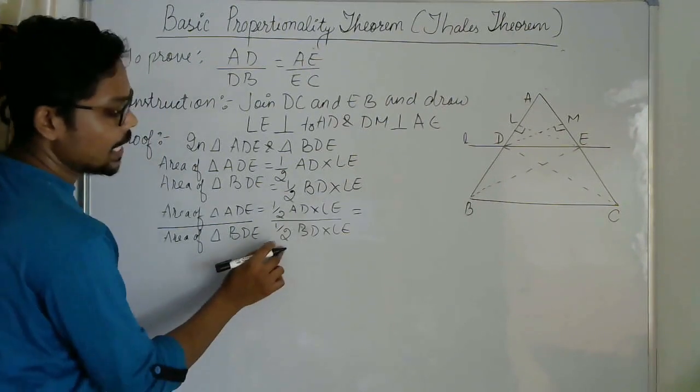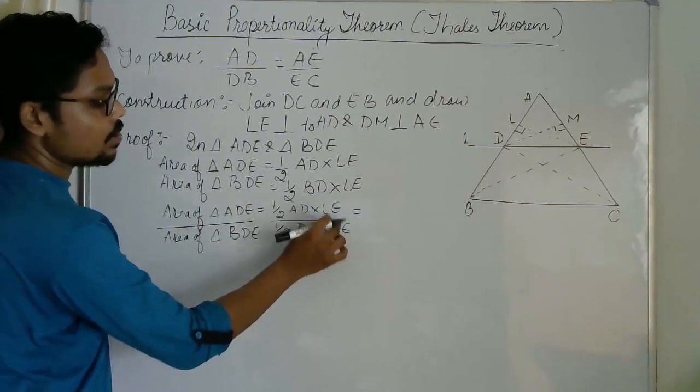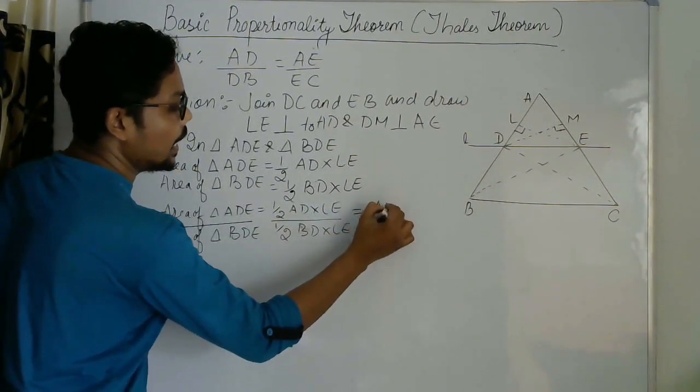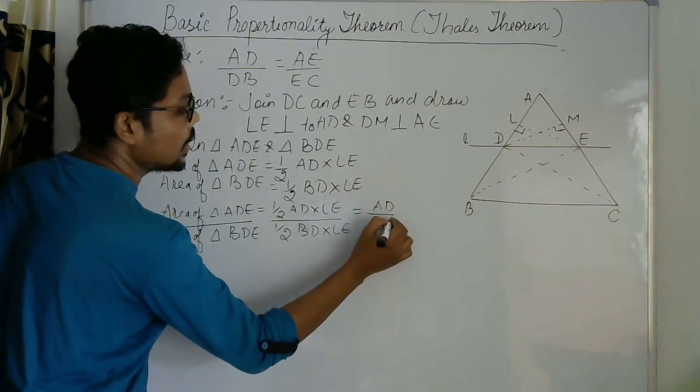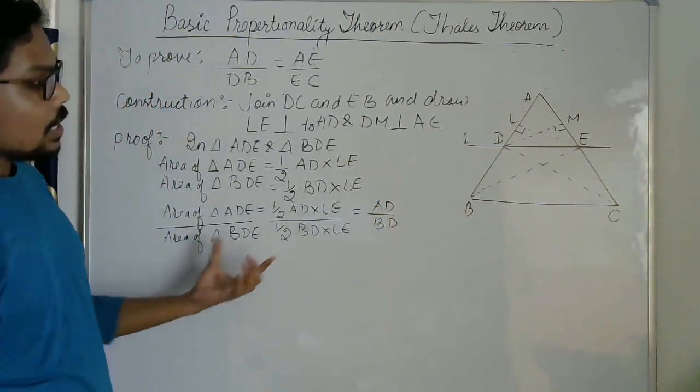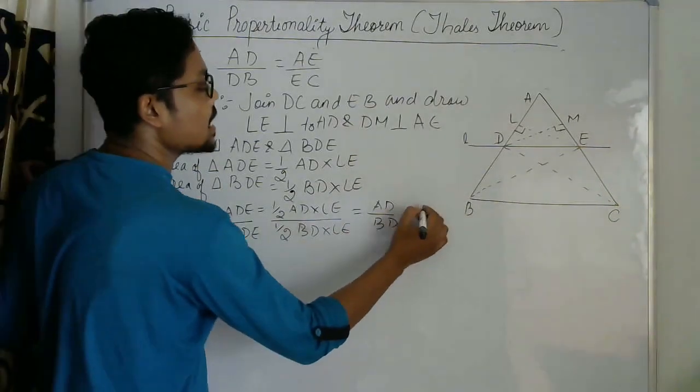So lastly, what we'll get: the half cancels, the LE cancels, and the remaining will be AD by DB. Okay, so this one we got. So let us take this as 1.